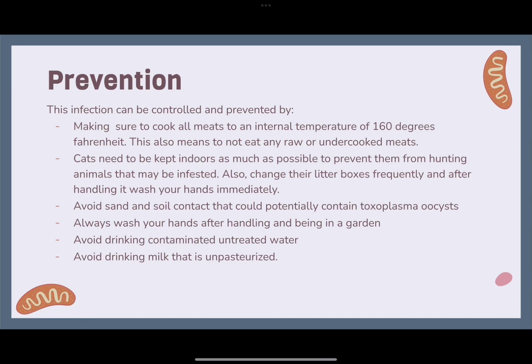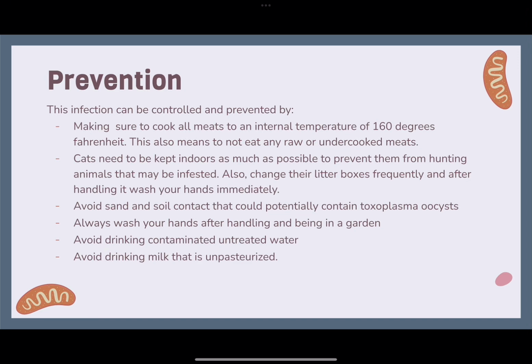So how can this infection be prevented and controlled? This infection can be controlled and prevented by making sure to cook all meats to an internal temperature of 160 degrees Fahrenheit. This also means to not eat any raw or undercooked meats. Cats also need to be kept indoors as much as possible to prevent them from hunting animals that may be infested.